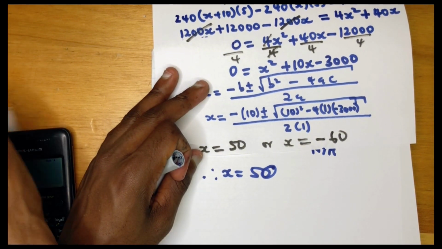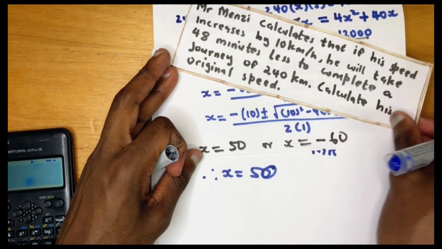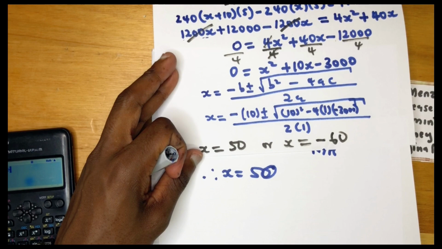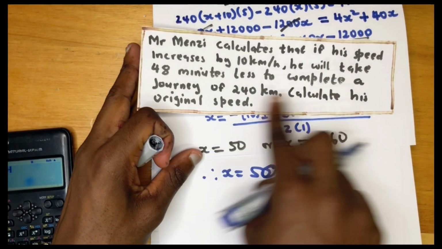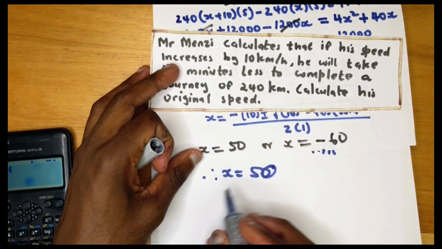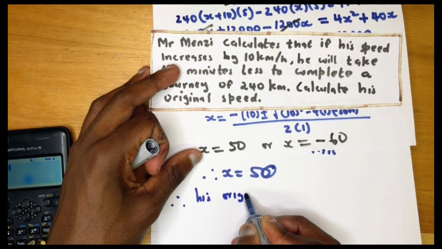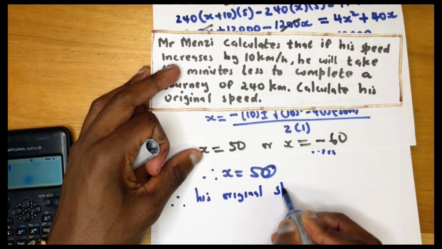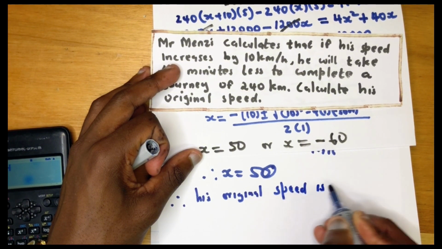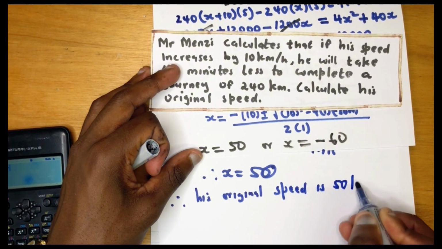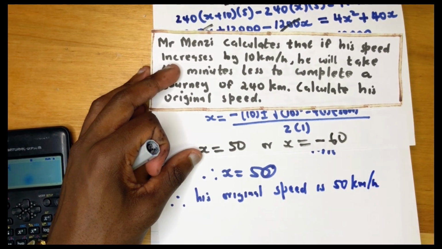Remember, the question was saying calculate his original speed. So now I can conclude that therefore his original speed is 50 kilometers per hour.